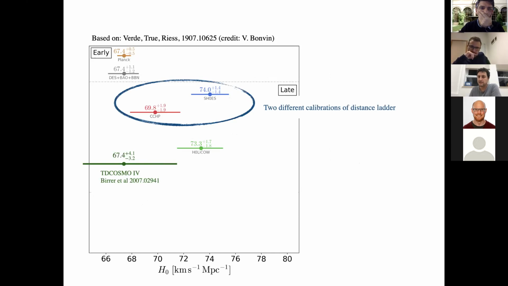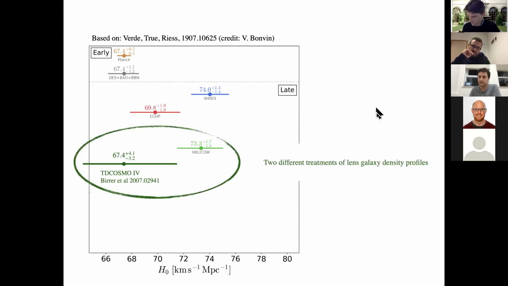In the first case, the raging debate outside is between different systematic calibrations of the distance ladder locally. Maybe there is something interesting there for fundamental physics, and maybe there isn't. I don't know.